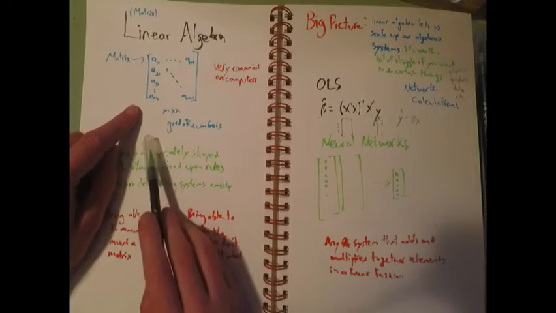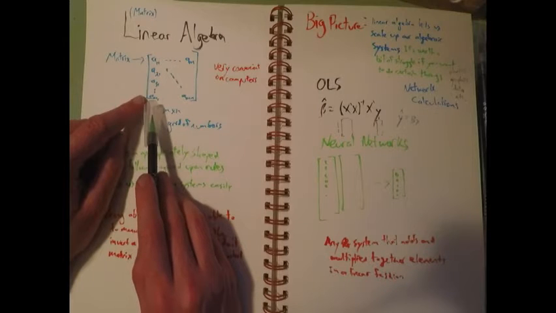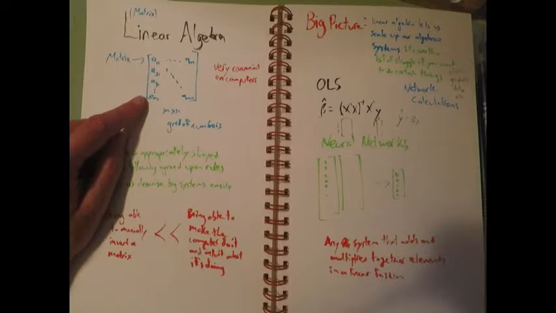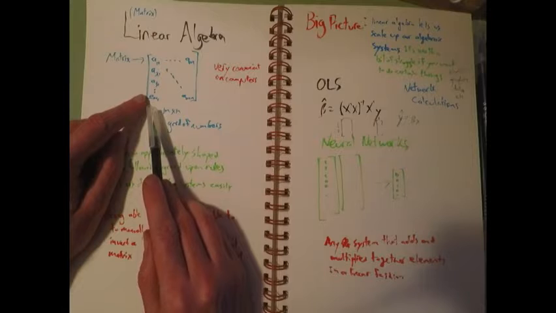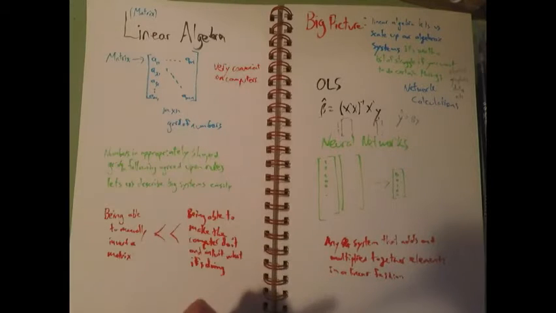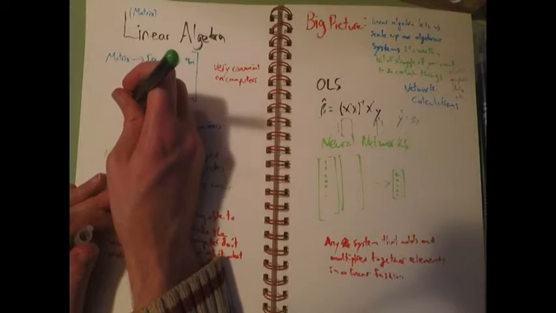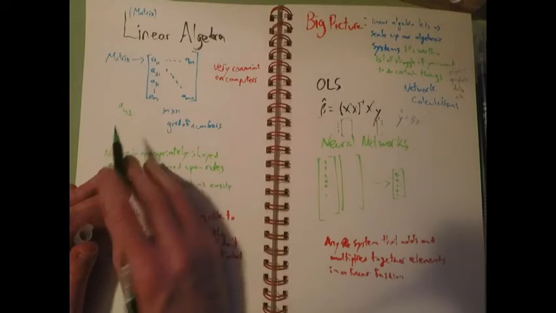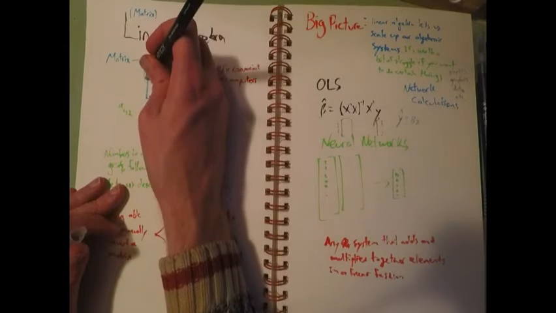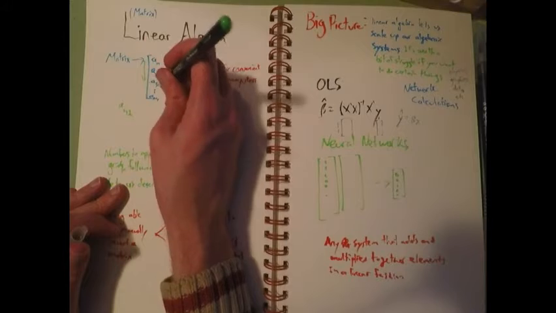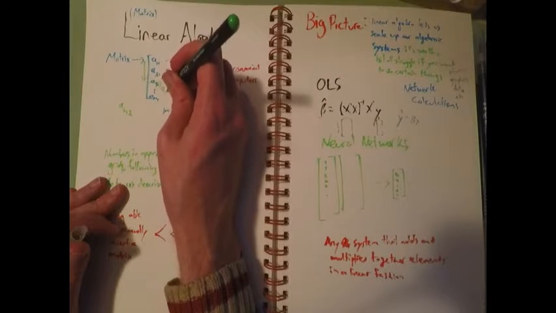Anytime you're talking about the sub-indices on an element in the matrix, if you ask, what is the element A42? That means you go down to the fourth row and over to the second column.